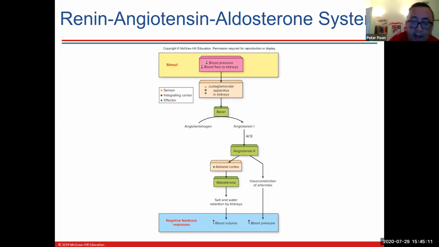Angiotensin 2 works on the adrenal cortex to produce aldosterone, and also causes vasoconstriction. ACE inhibitors block this, and therefore cause a decrease in blood pressure and blood volume.